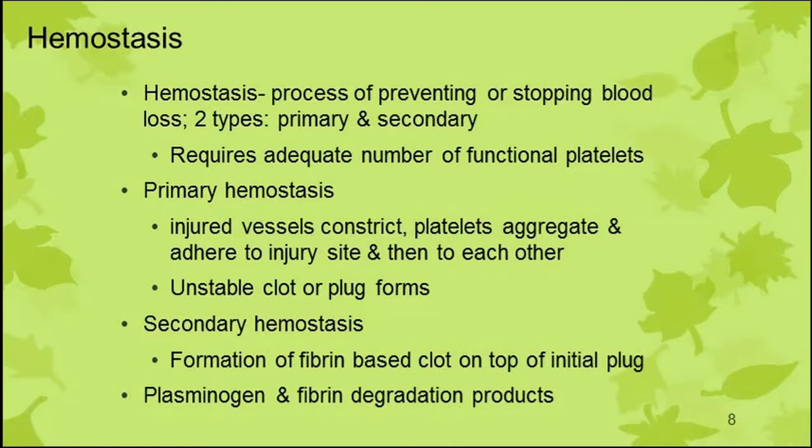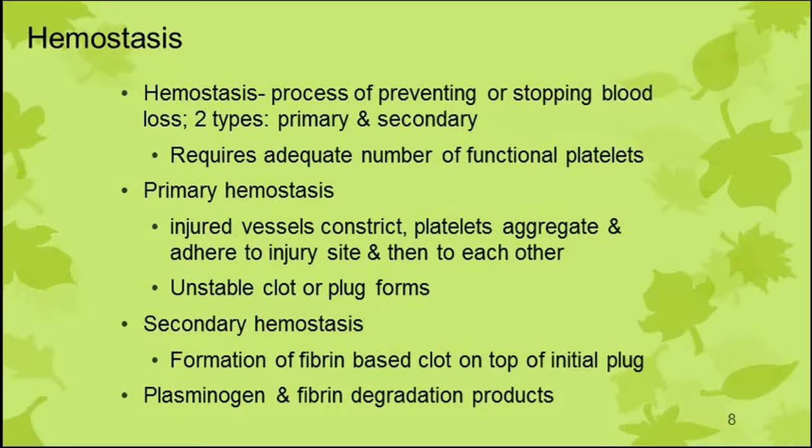Hemostasis, another process we're going to talk about real quick. Of course, it is the process of preventing or stopping blood loss. Two types of hemostasis, primary and secondary. Of course, to have hemostasis, you have to have an adequate number of functional platelets. And the key here is functional platelets.